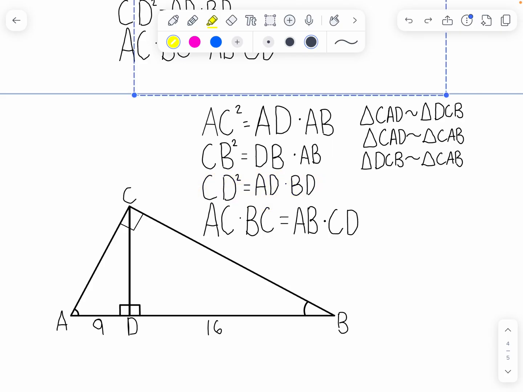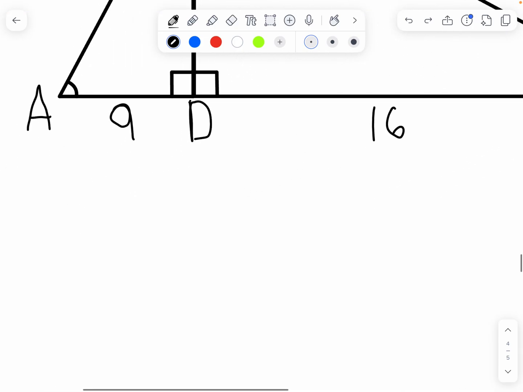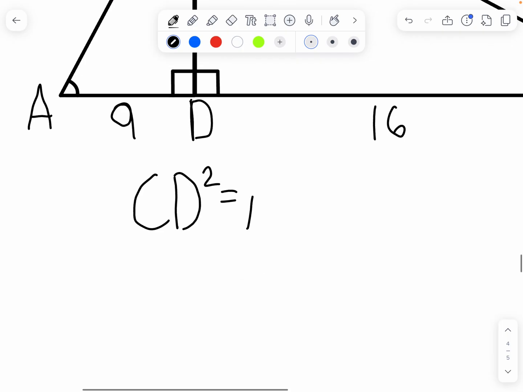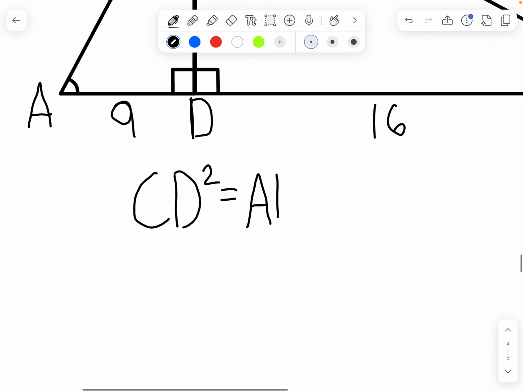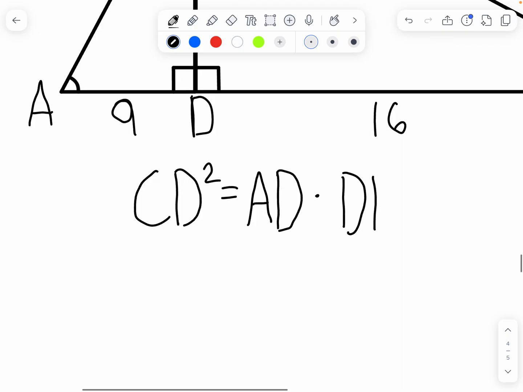So let's write this down. CD squared equals AD times DB. So that's the theorem.